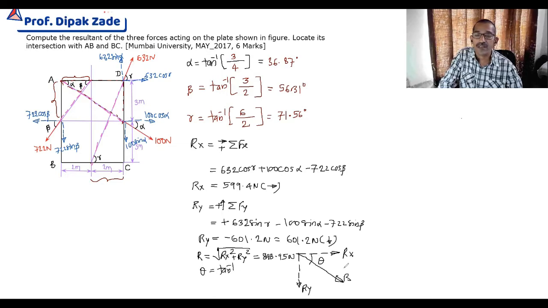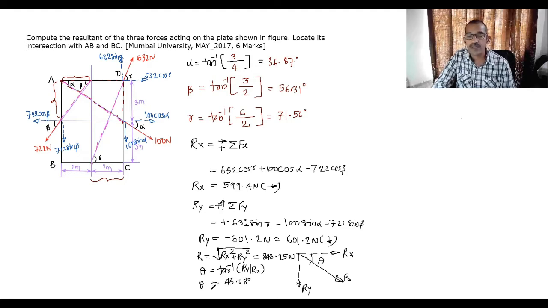Opposite to this angle is Ry, and adjacent is Rx. Both we substitute with positive sign because the negative sign is already considered for Ry and we represented Ry downward. Therefore, angle theta comes out to be 45.08 degrees. So, what you are getting is the magnitude and direction of the resultant.